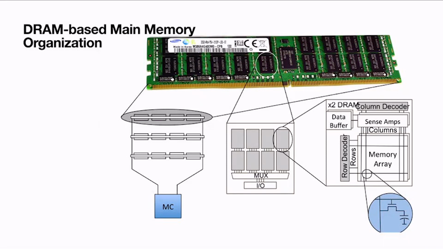The entire DIMM is logically organized as a set of ranks. Multiple ranks will be there, each rank consisting of multiple banks, and banks are distributed across multiple DRAM devices.